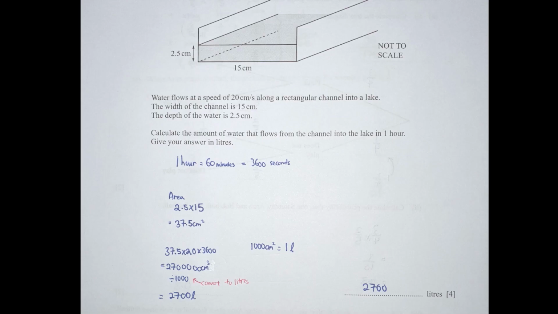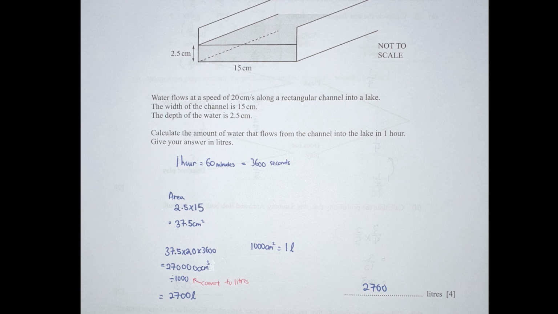As for part B here, calculating the water that flows through in 1 hour. Please take note that for 1 hour, there's 60 minutes and a total of 3,600 seconds. So I calculate the area first by taking 2.5 centimeters multiplied with 15. Then from this, I multiply another 3,600 into it, as well as 20 cm per second, which is the speed of the water flow.